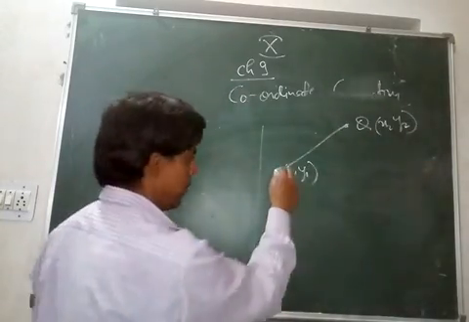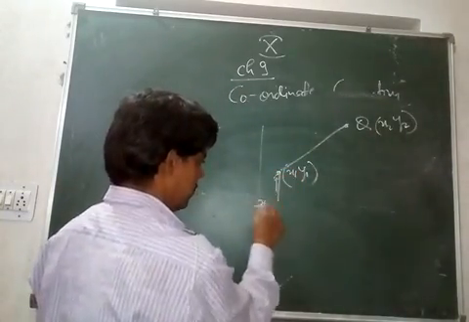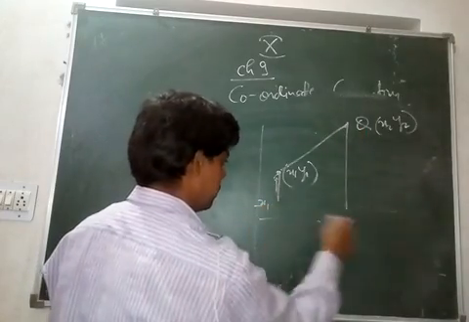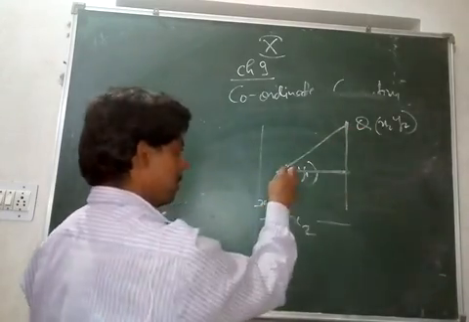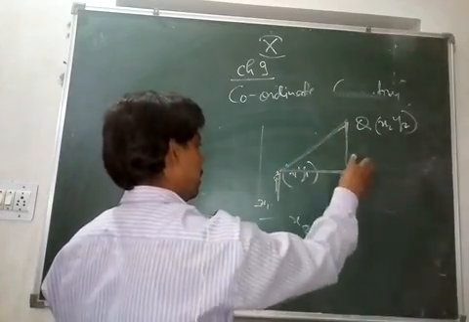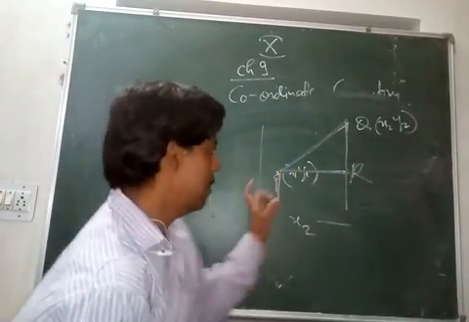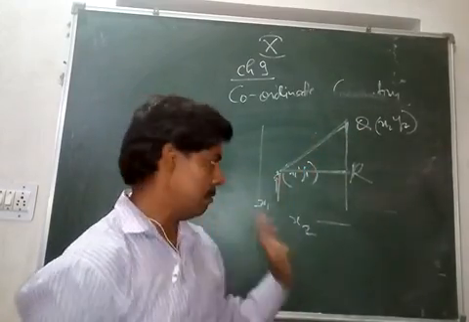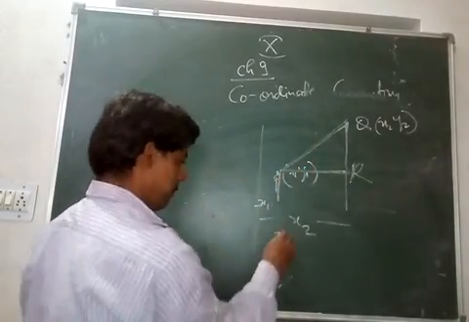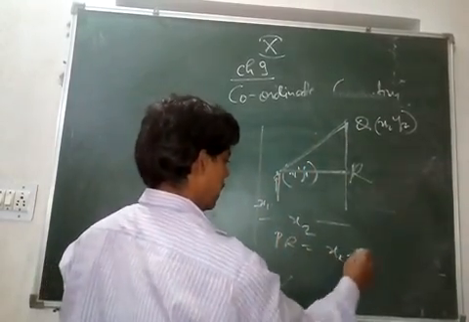Now what is PQ? This distance is x1 and this distance is x2. So if, in this right angle triangle PQR, I am able to find PR and QR, then I can use Pythagoras theorem. So PR, as you can see, is x2 minus x1.